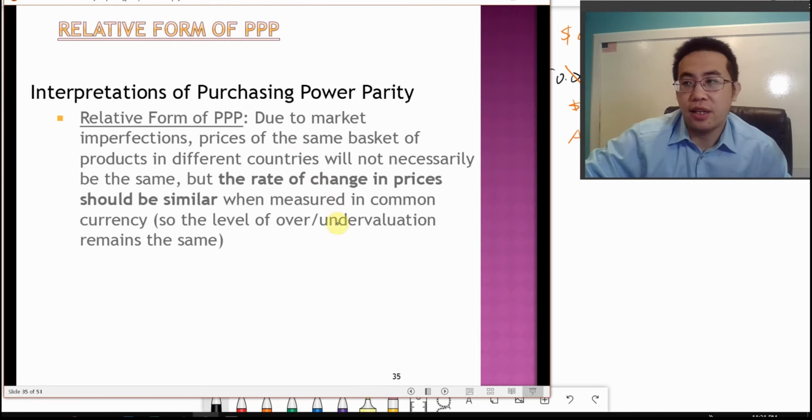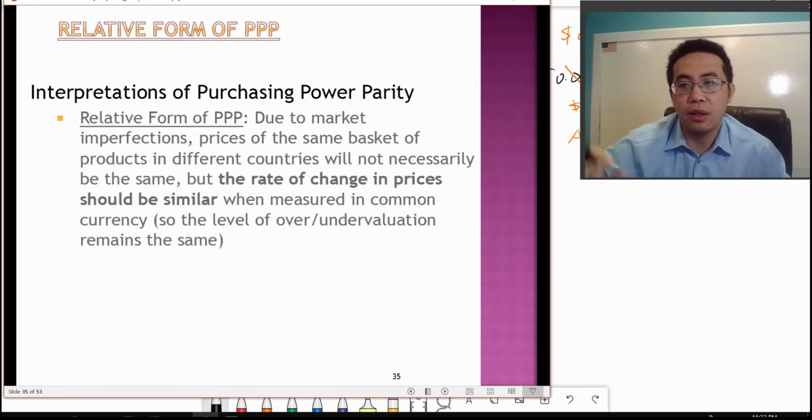So they recognize that the price level in two places, although measured in a common currency like the US dollar, is different. Let's say $1 has twice the purchasing power in China, but half the purchasing power in Norway. And under this relative form of PPP, we do recognize that situation, and we recognize it's reasonable to have that because the market is imperfect. Okay, why do we say the market is imperfect? When we want to take advantage of price differences between two countries, we want to buy from the cheaper place and then sell at the expensive place.